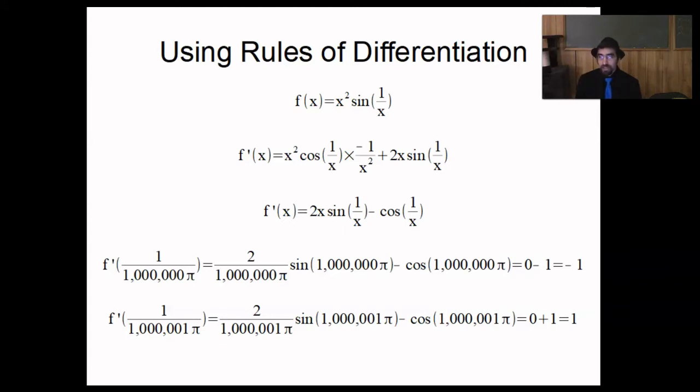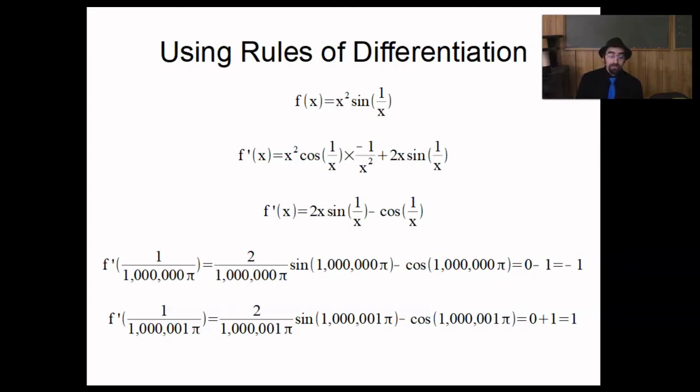Cosine of any even multiple of pi is just 1. Right? If you remember the way your cosine graph looks, it's 1 at 0, 2 pi, 4 pi, etc. It's negative 1 at pi, 3 pi, 5 pi, etc. So at a million pi, it's going to be 1. So you get 0 minus 1, and that'll get you a negative 1.